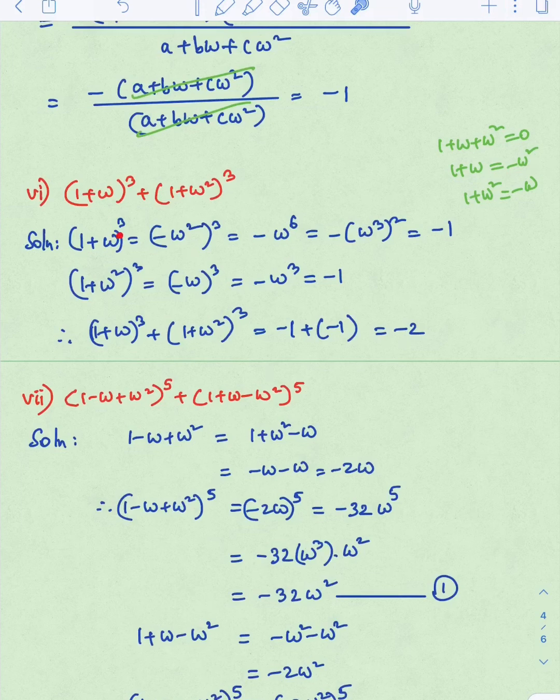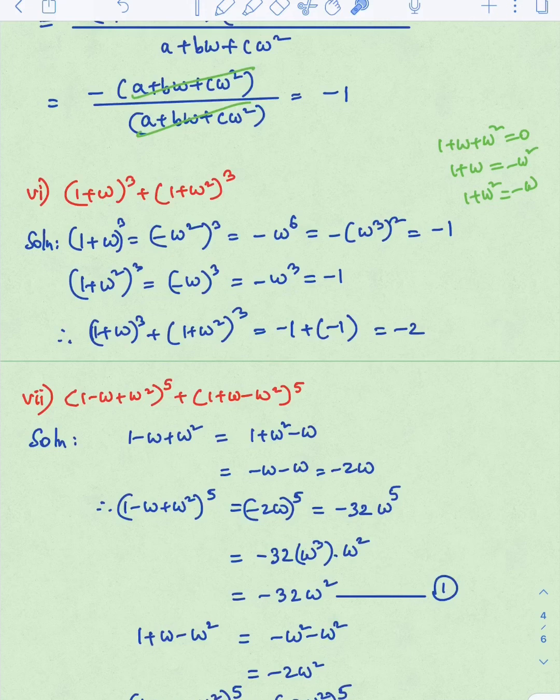So these terms are taken here. In place of 1 plus omega, take minus omega square, whole cube same. In place of 1 plus omega square for the next part, put minus omega whole cube. Now minus 3 times means you get minus only. Here also minus omega power 6. Here omega cube is 1, minus 1.